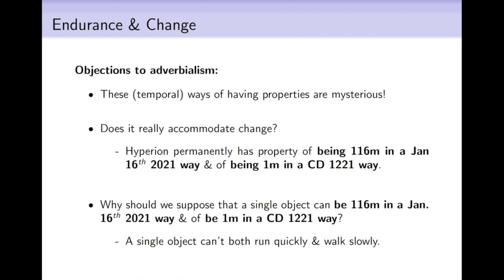So does a contradiction between Hyperion being a meter tall and 116 meters tall go away just because the properties are possessed in different ways? One in a Christmas Day 1221 sort of way, and one in a January the 16th 2021 sort of way. The adverbialists might say it does, right?